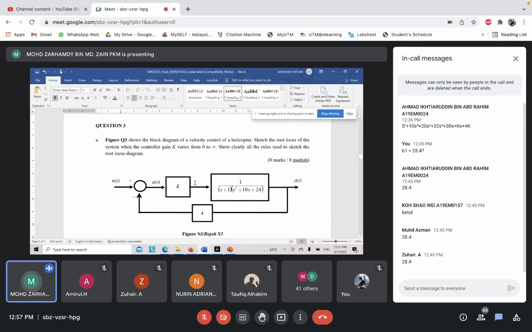In test 2 question 1, we will ask you to sketch the root locus, and in the final we also ask you to sketch the root locus, and every question is 10 marks for the final.